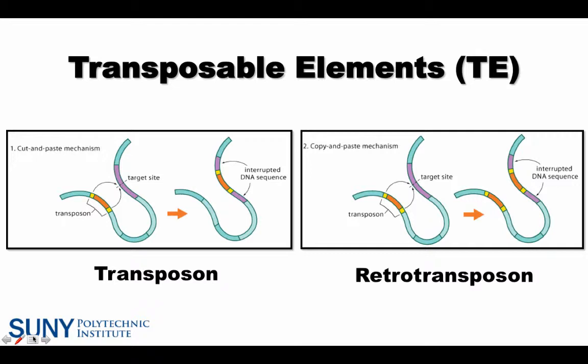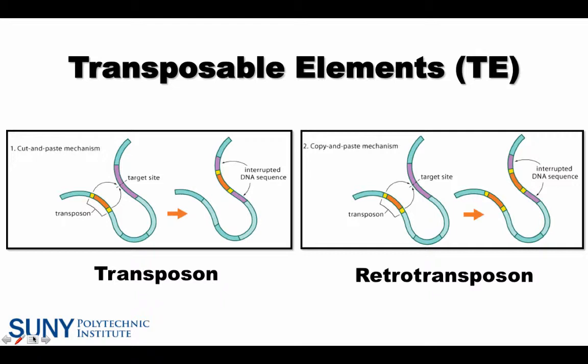Here in the picture we can see the two main categories of transposable elements. On the left you see a transposon, where that piece of the repetitive interspersed sequence is enzymatically cut out of the DNA molecule and then transplanted somewhere else.